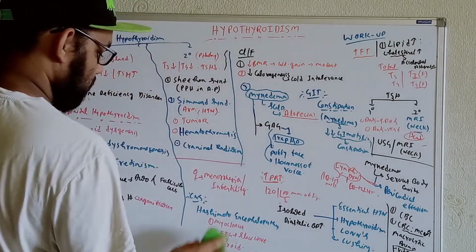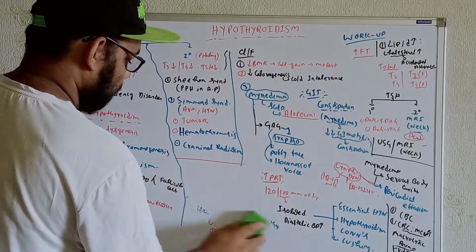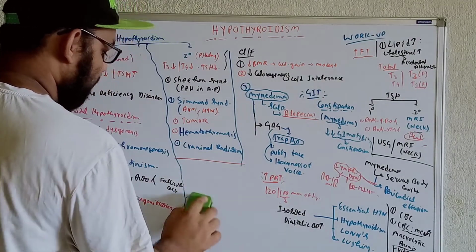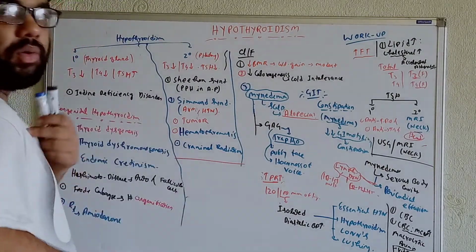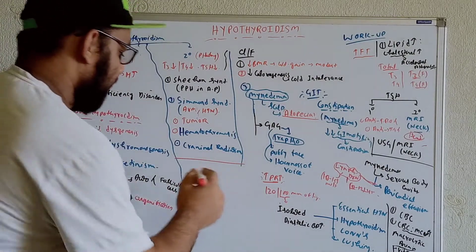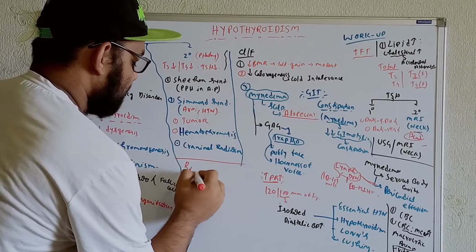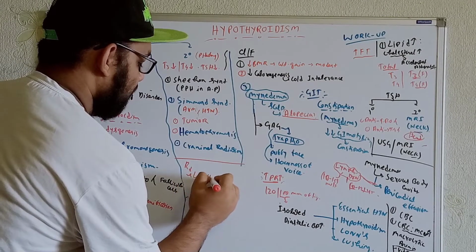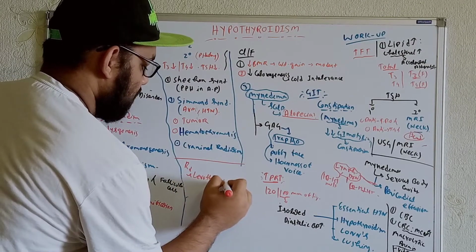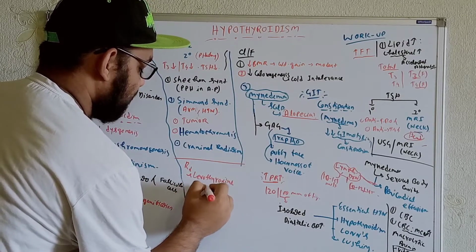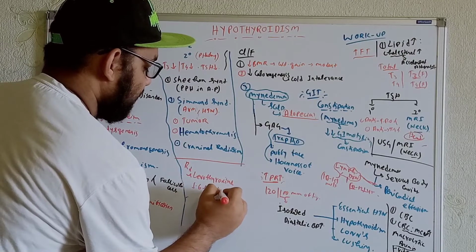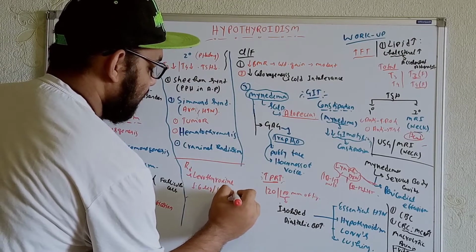Now if you want to write in terms of the treatment, try to understand. Here we need to use what? The levothyroxine. But we have to make sure that we use 1.6 microgram per kg body weight in these cases.